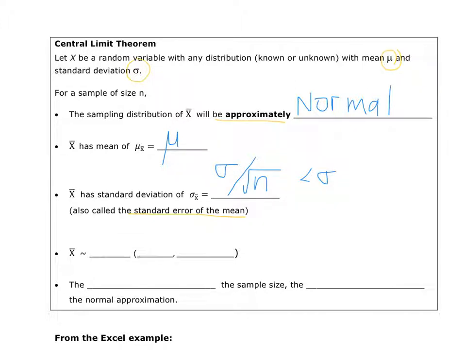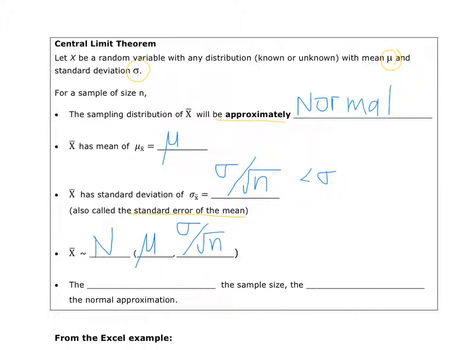Now we can summarize all of this by putting this in our random variable distribution notation. So x bar is approximately distributed as normal, and it's got a mean of mu from the original distribution, and standard deviation of the original sigma, the original standard deviation, divided by the square root of n.